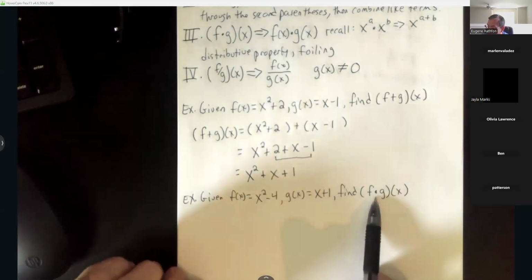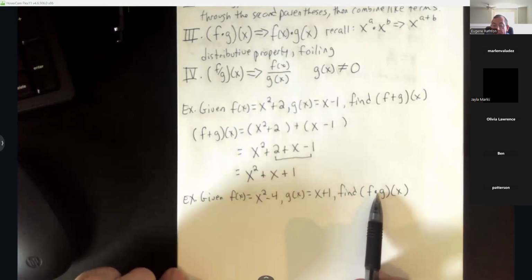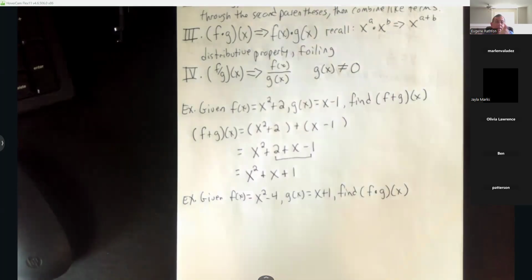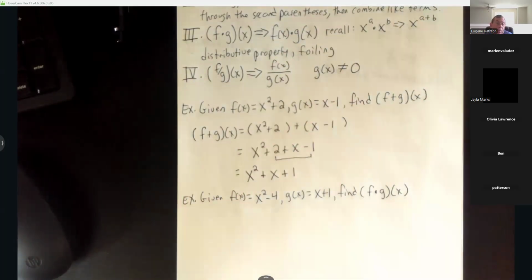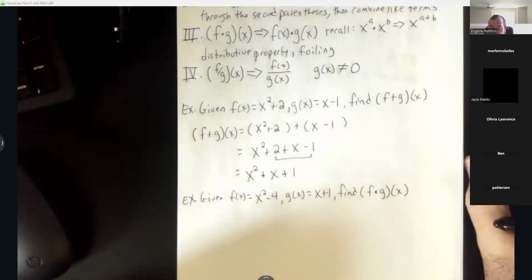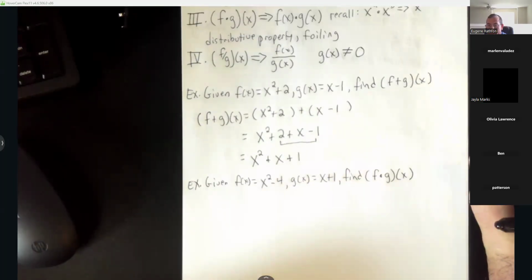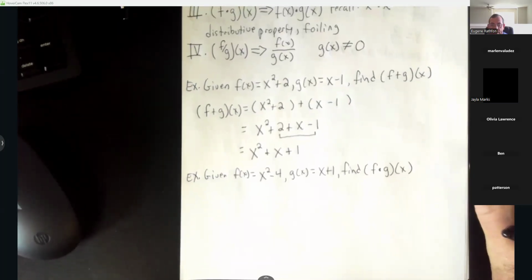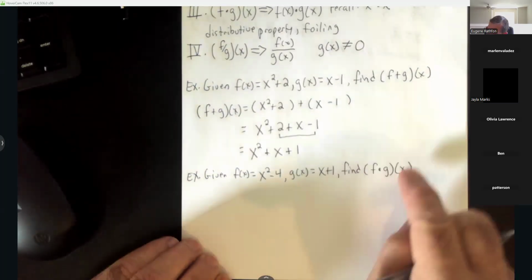Now they're using a dot for multiplying in here, but actually I could just do fg of x and put my f and g right next to each other. That would also imply multiplying, okay?